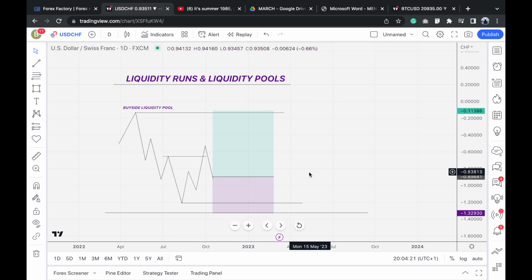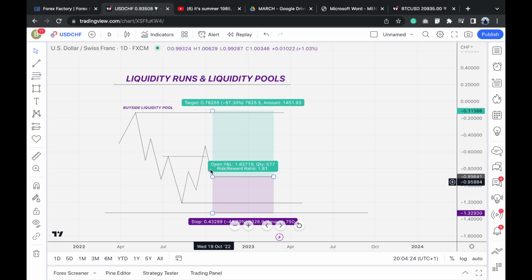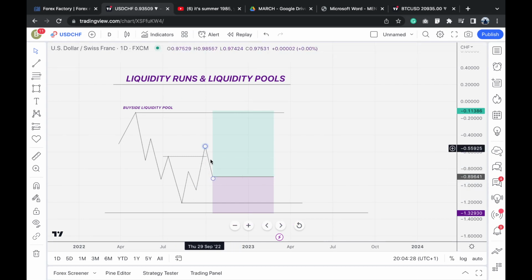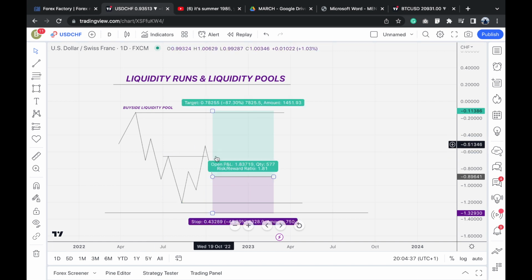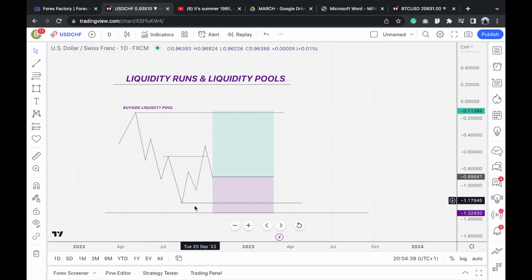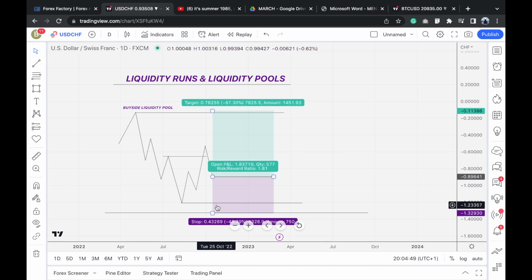Okay, so if the market can drive down below this low here, all the longs, or all the buyers inside this range here, become a counterparty to any individual who's shorting this run above the short-term high. All the willing sellers down here also become counterparty liquidity to all the individuals waiting for the market to run below the low here to sell.